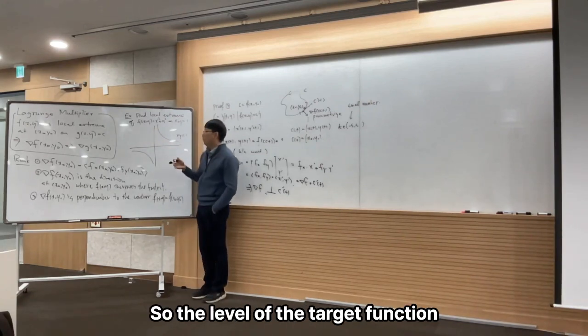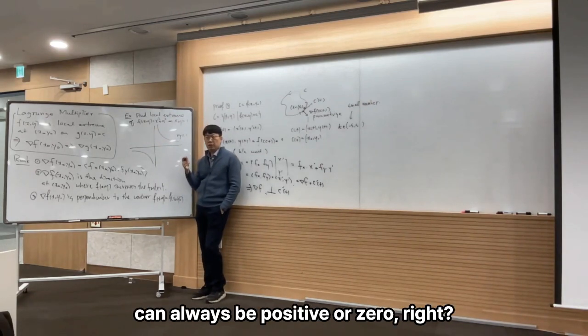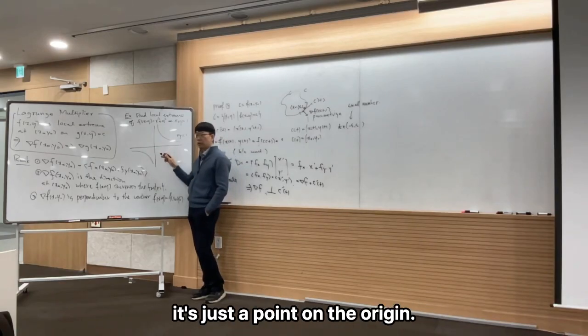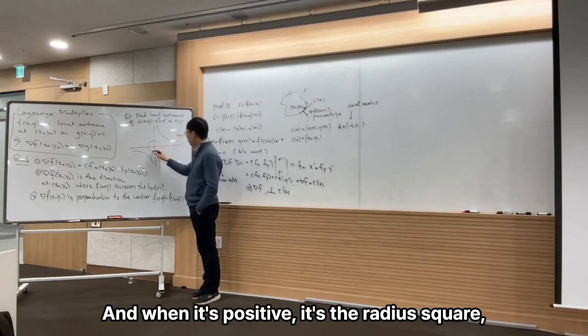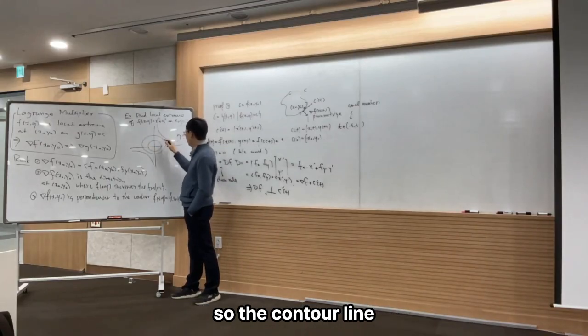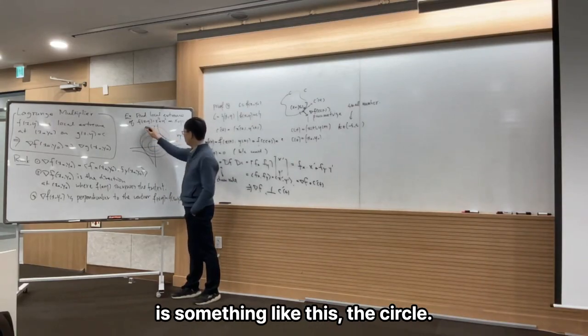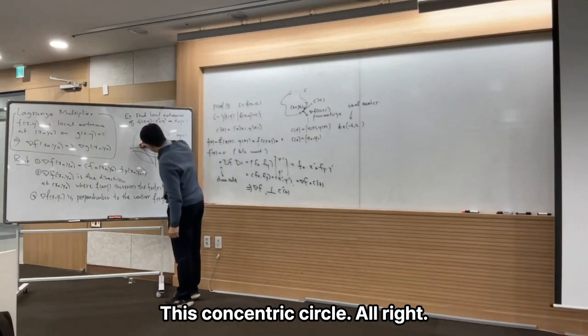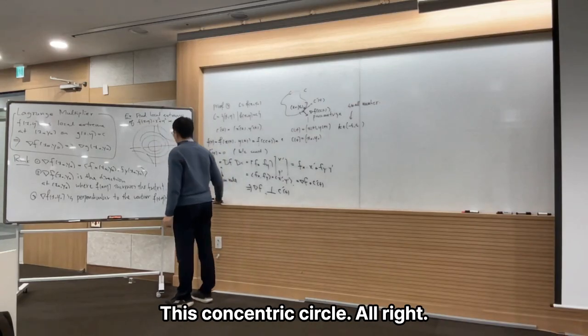So the level of the target function can only be positive or 0, right? It cannot be negative. So if it's 0, it's just a point at the origin. And when it's positive, it's the radius squared. So the contour line is something like this, the circle. These concentric circles.